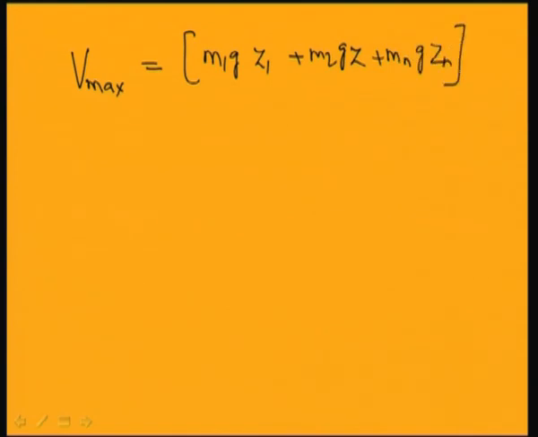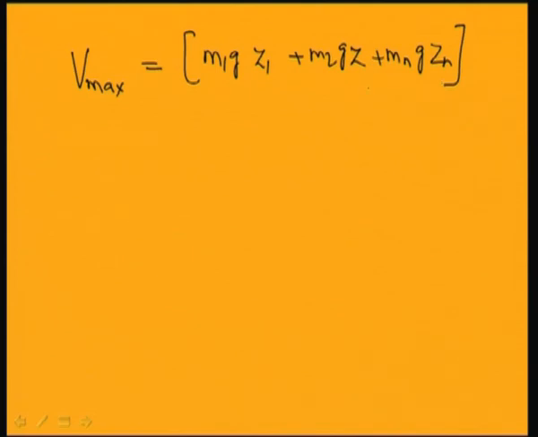So, V max will be equal to m1 g z1 plus m2 g z2 plus up to mn g zn. So, this way we can write the kinetic energy and the potential energy of the system.